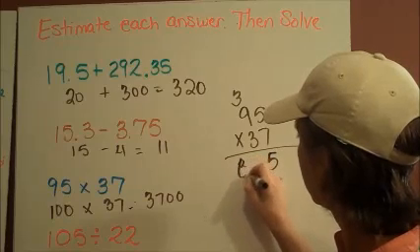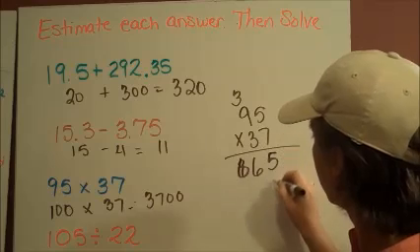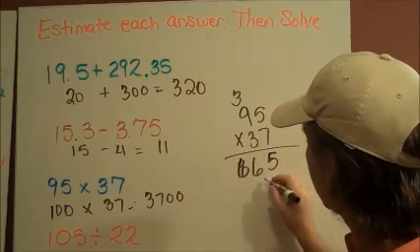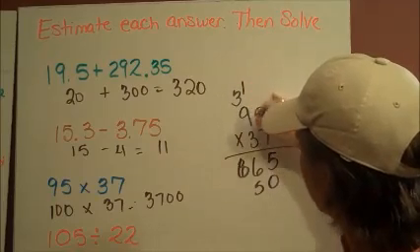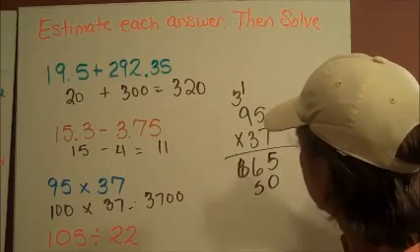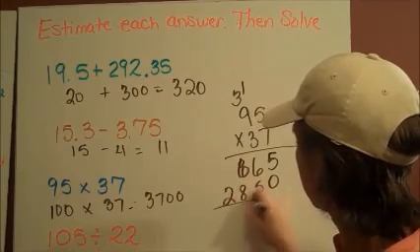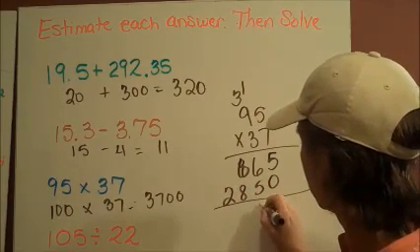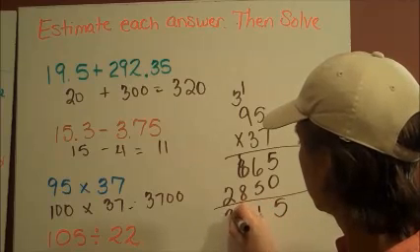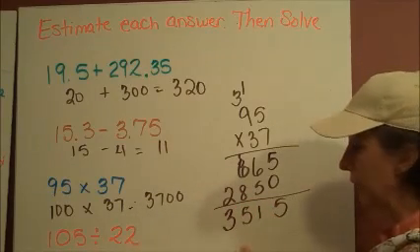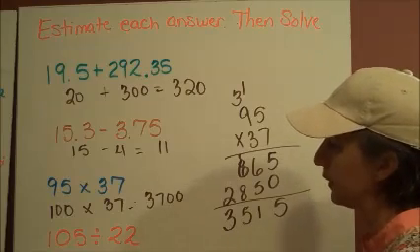Plus 3 is 660. 30 times 5 is 150. 30 times 90 is 2,700. 2,800. 3,515 is close to my estimate of 3,700.